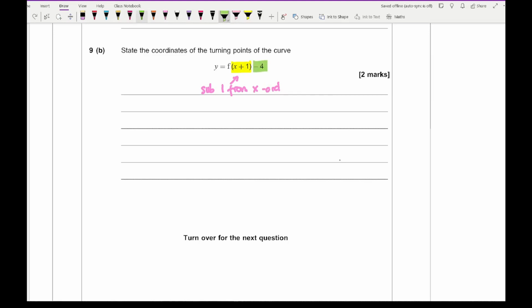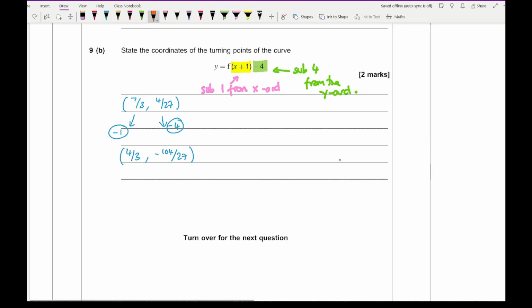So here from our coordinates, if I get them from part A again, I've got 7 over 3, 4 over 27. Then if I take away 1 from the x and take away 4 from the y, I end up with a new turning point of 4 over 3, minus 104 over 27 on the calculator.